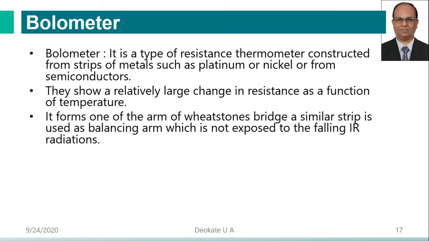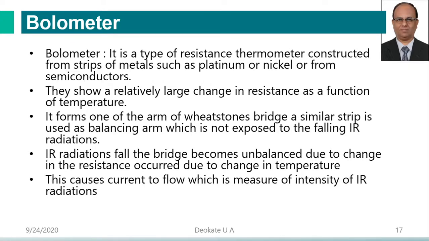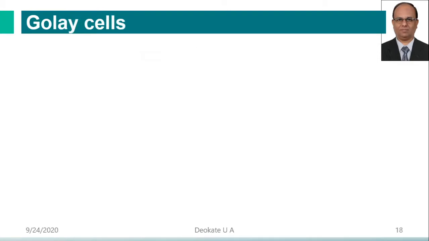A smaller strip is used as a balancing arm, which is not exposed to the IR radiation. When IR radiation falls, the bridge becomes unbalanced due to the change in resistance caused by the change in temperature, like thermocouples. This causes current to flow, which is a measure of the intensity of IR radiation falling onto the bolometer.